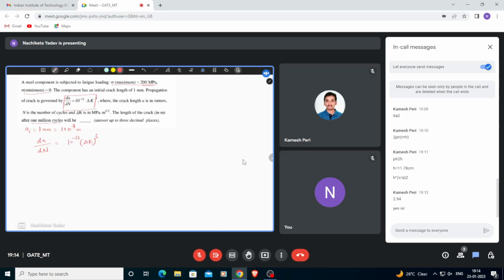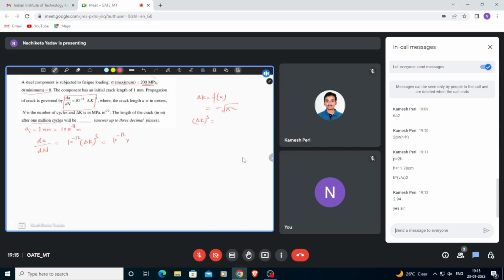And we know 10 to the power minus 10. So delta K we know is a function of a. So we can write sigma root pi a. So it is given delta K cube, and the sigma value is given, 200 maximum value.